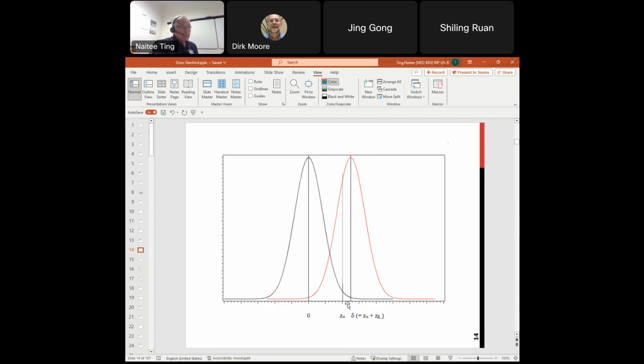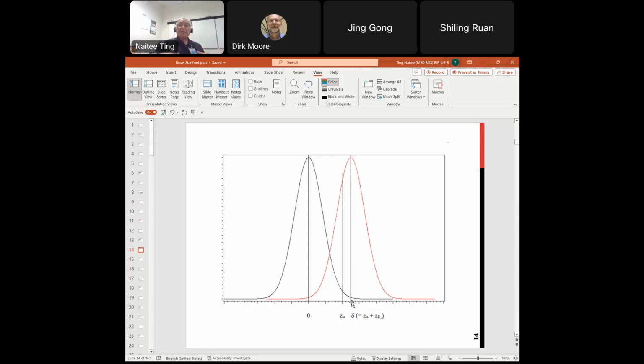Okay. The hard decision came from here. In most cases, in my experience, we observe something here and the team wants to make a go decision. I said, wait a minute, it's not clinically meaningful, it's not statistically significant. How can we make a go decision? And here's what they tell me. Naitee, remember when you designed the study, that delta has been artificially inflated.